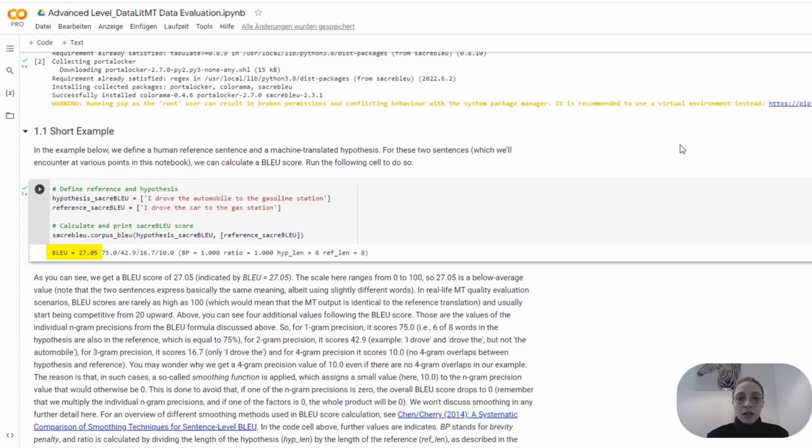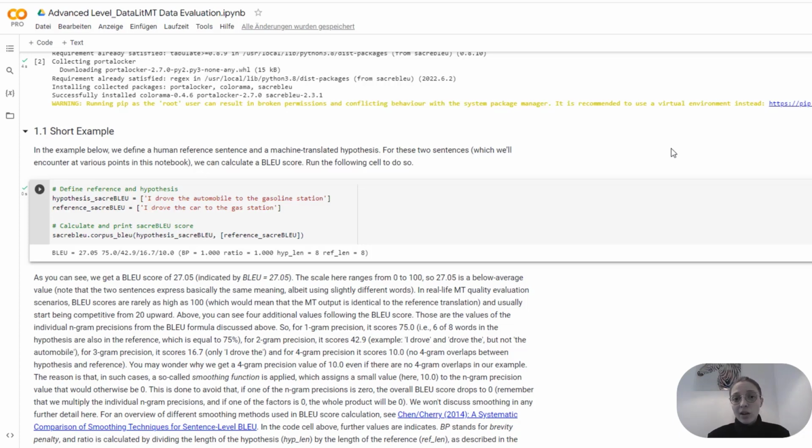And what we did not cover in the basic level notebook is how exactly this is calculated. So first of all, important to know is that the BLEU scores range from 0 to 100, with 100 being the highest possible score that you can get. So 27 is below average, but in real life MT quality evaluation scenarios, BLEU scores are rarely as high as 100.